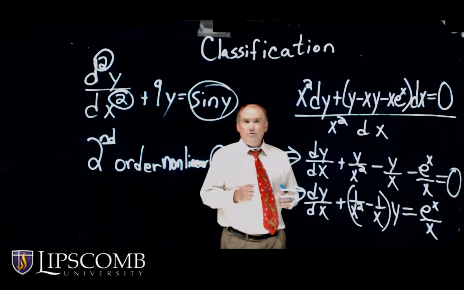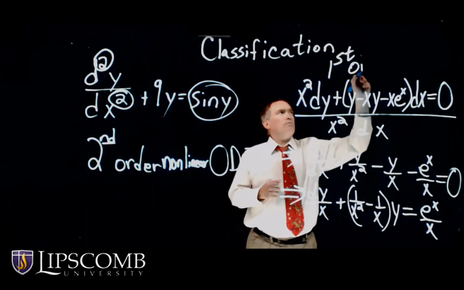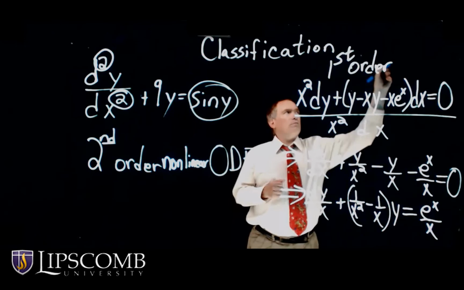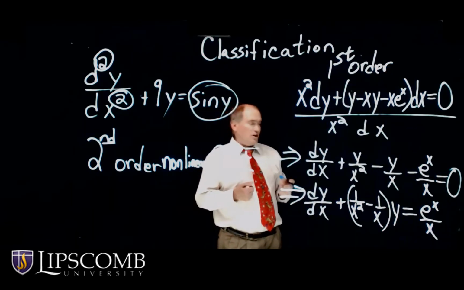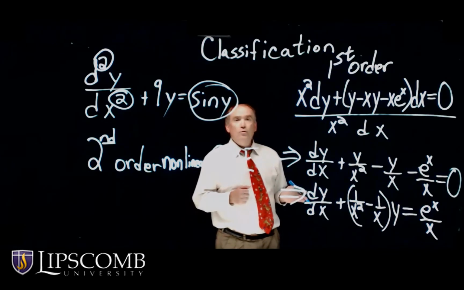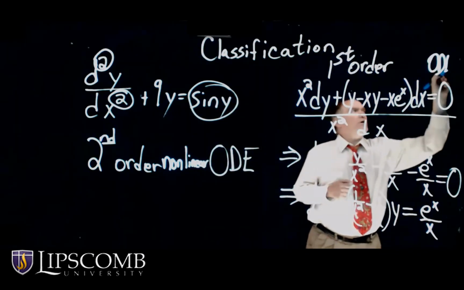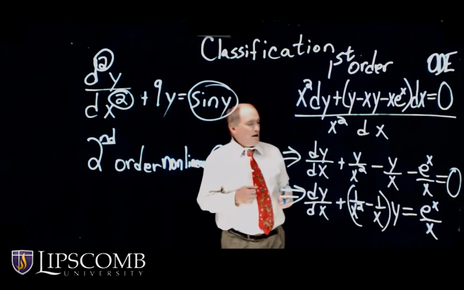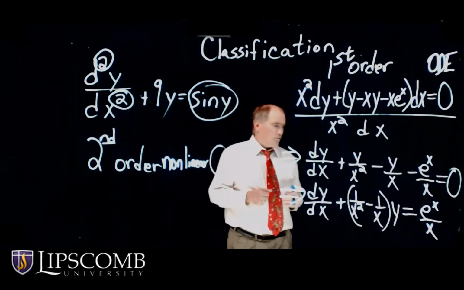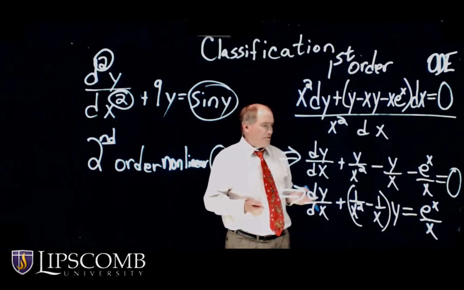First of all, I notice what's the highest order here. The highest order is first order. So this is a first order. The second thing I notice is, again, I'm only dealing with ordinary differential equations. There are no partials in this. So it's an ODE. And then finally, I look at this form. Are there any transcendental functions of the dependent variable?